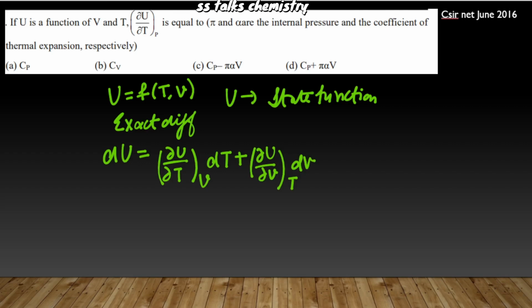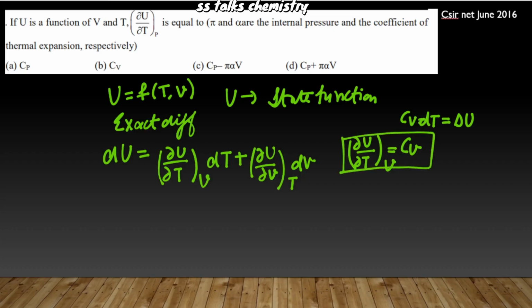Now we know that del U by del T at constant volume is nothing but the Cv, because we write delta U is equal to n Cv into dT. So del U by del T, bringing it, we get the value of Cv from this.